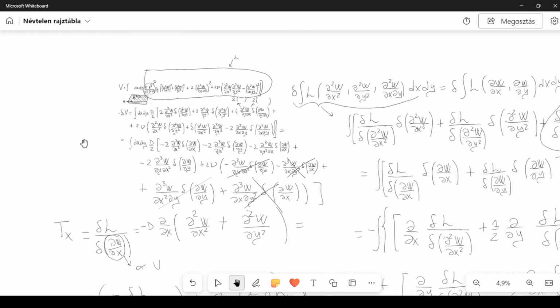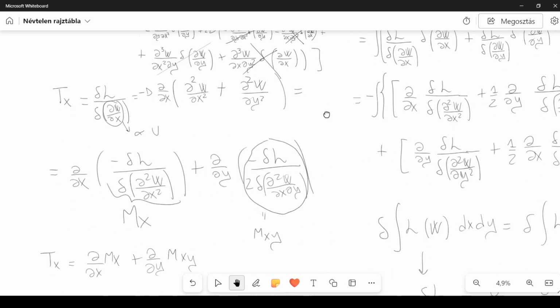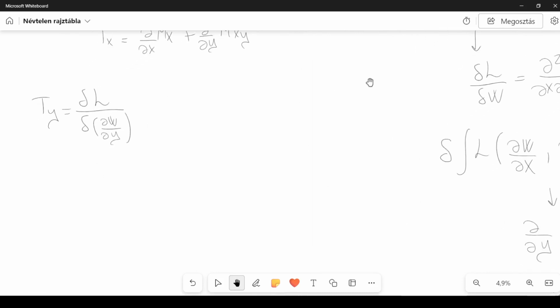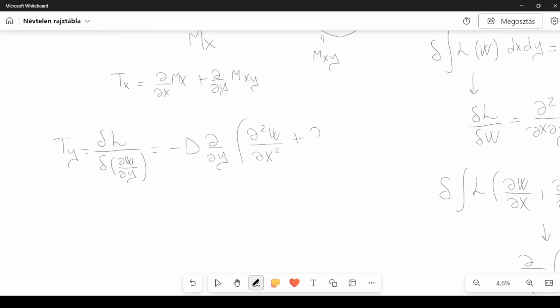And we can calculate that by looking at this expression here. Once you do the variation, you get the same thing. You get minus d, but in this case you have the derivative with respect to y, not with respect to x. But here you have the same thing, d squared w dx squared plus d squared w dy squared.